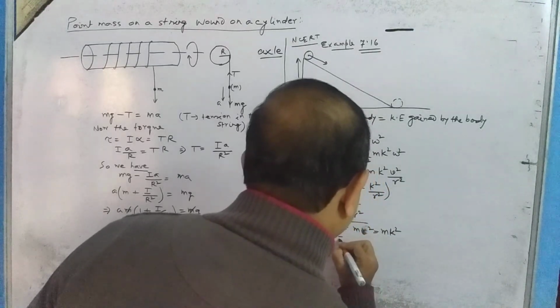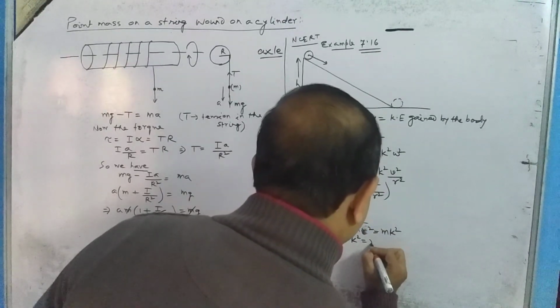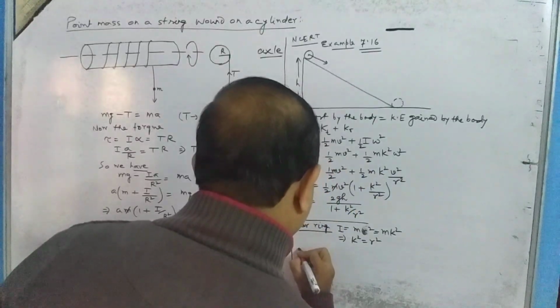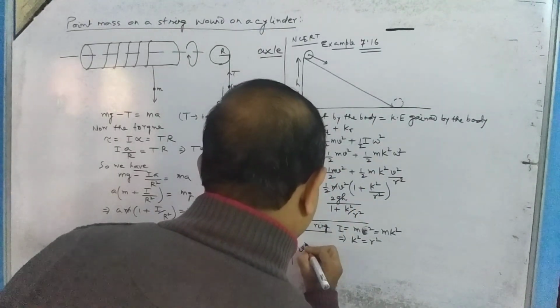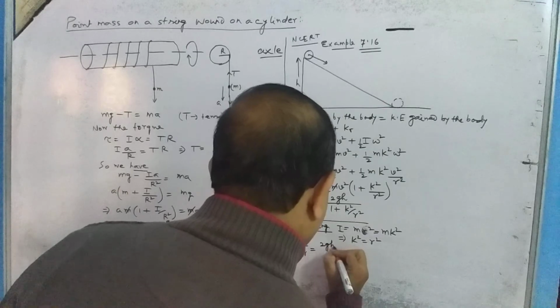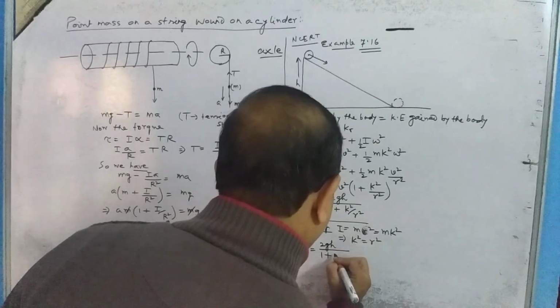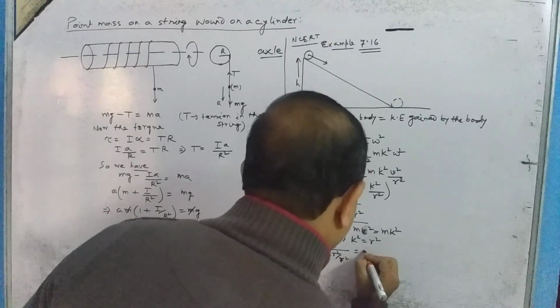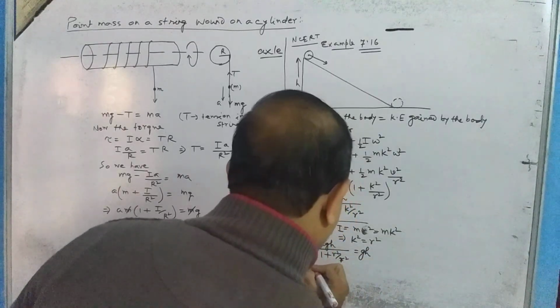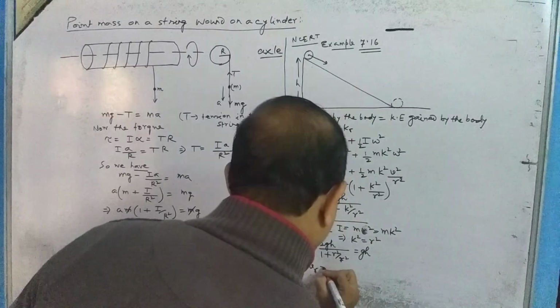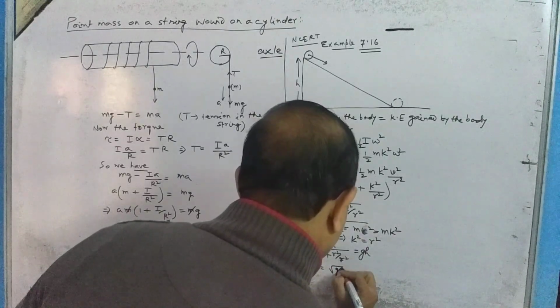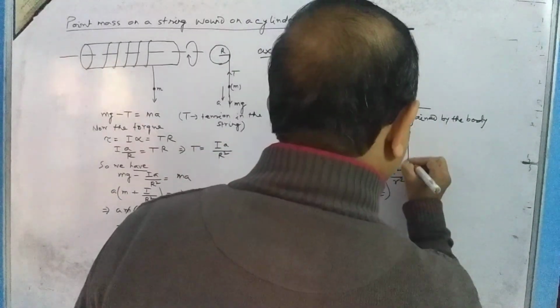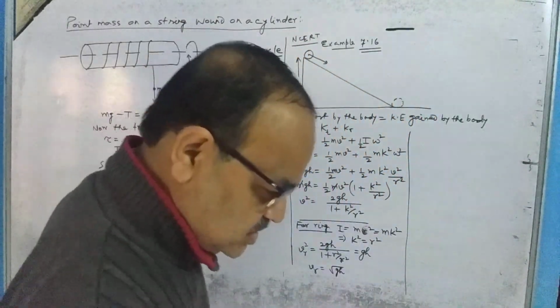How much will k square be? k square will be r square. Then what is v square for the ring? 2gh divided by 1 plus r square by r square. That means only gh. So Vr square is gh, so Vr will be root gh. Similarly, you do it for the others.